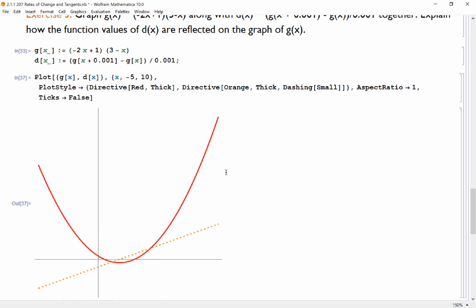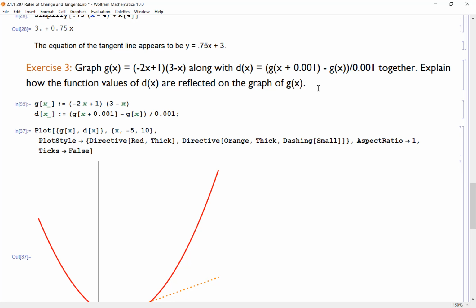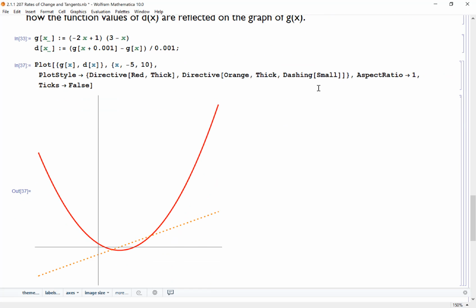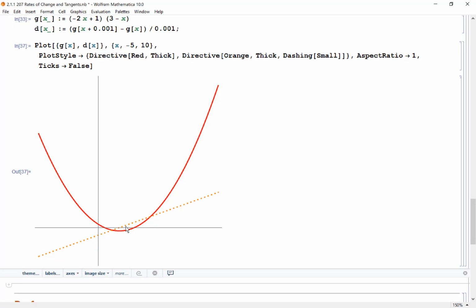Okay, so remember, this d of x is the difference quotient, which is the slope of the tangent line, or actually the slope of a secant line at any value of x with a very, very small value of h. So it's almost 0. So it is almost the slope of the tangent line for any value of x.